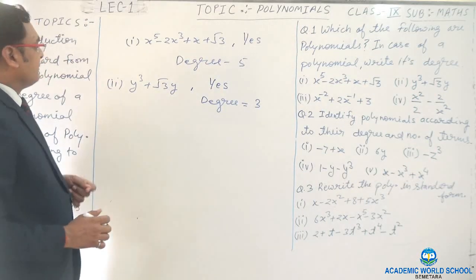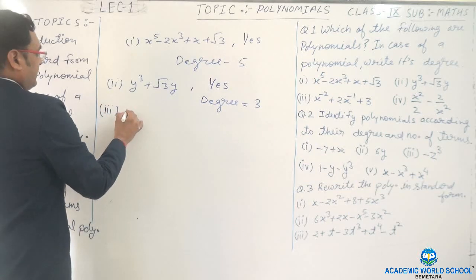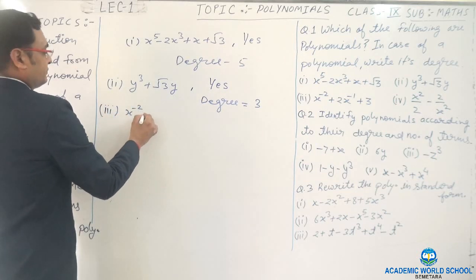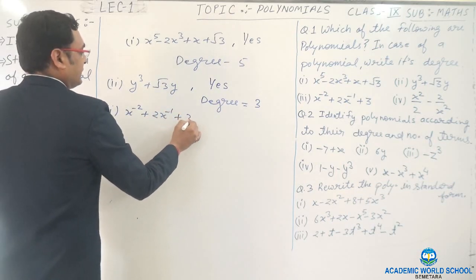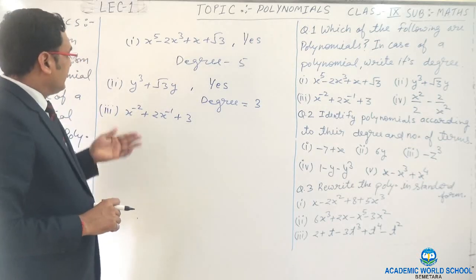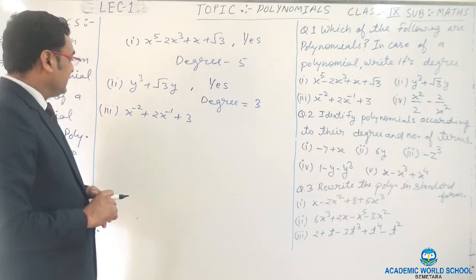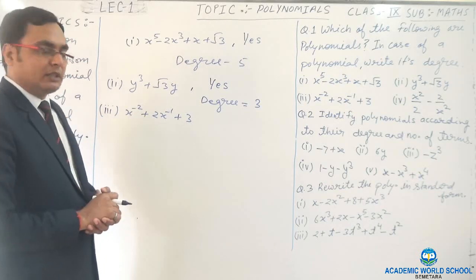Look at the third example. In the third example, we have x to the power minus 2 plus 2x to the power minus 1 plus 3. It is having three terms. It is having one variable x only. But look at the exponents of the variable.